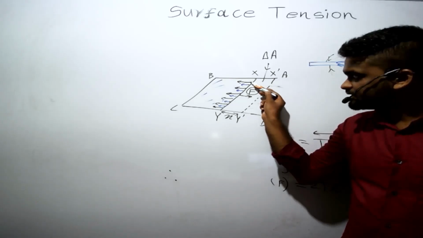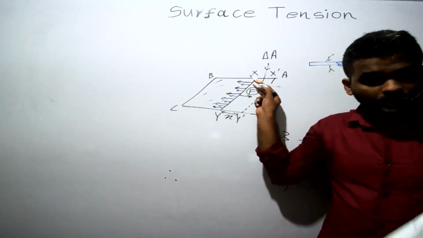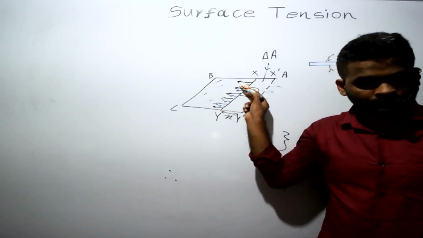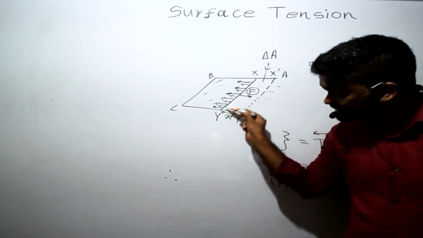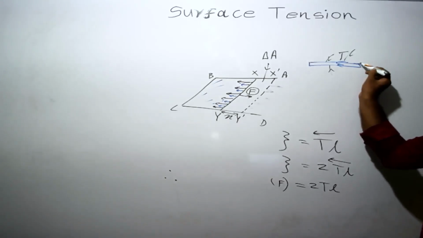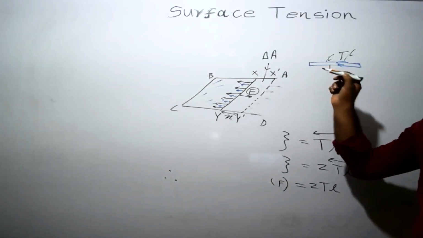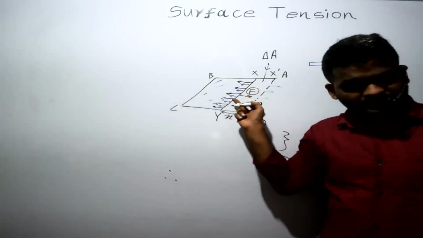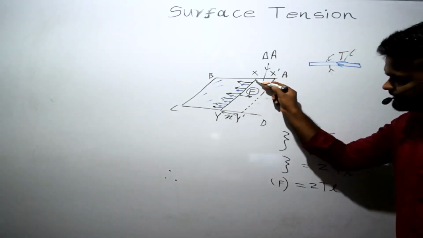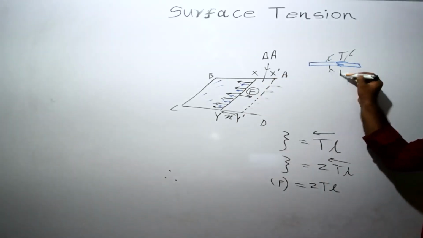For the top surface, how do you get the total force? You just have to multiply T, the surface tension coefficient, by the length, simply L. So you have TL to this side, right? Then there's a bottom surface. For that also, surface tension coefficient times length. Again, you have TL.